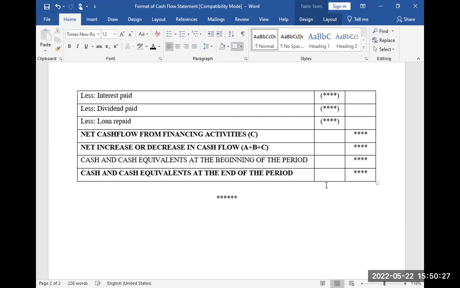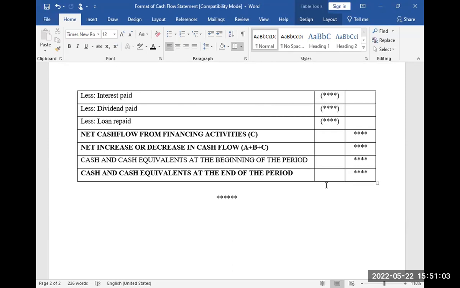Both are the same: A plus B plus C plus D, or D plus A plus B plus C. After that, you find the cash and cash equivalent at the end of the period. This should be equal to the balance in the balance sheet of the current year in the name of cash and bank balance. If you do so, you can get an idea how the business has generated cash or how the business has spent cash in the various 3 activities.